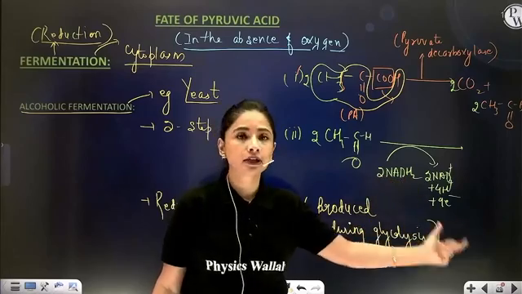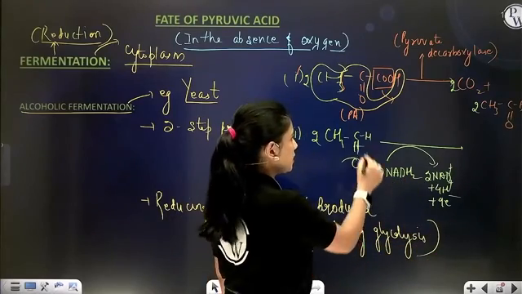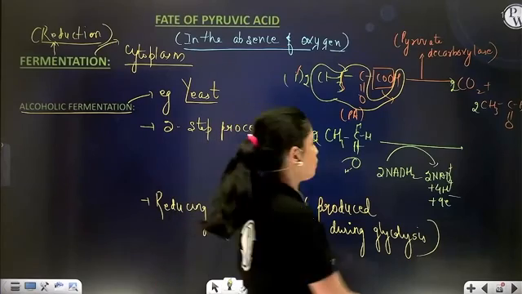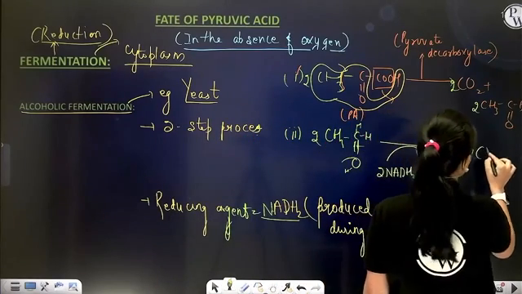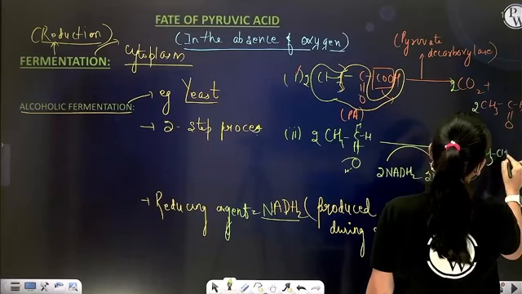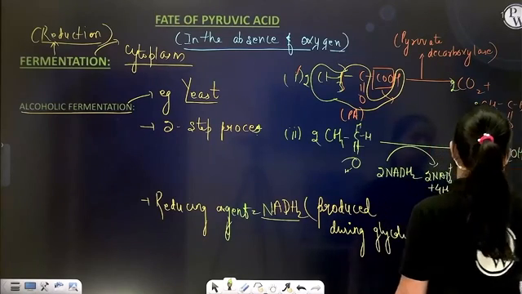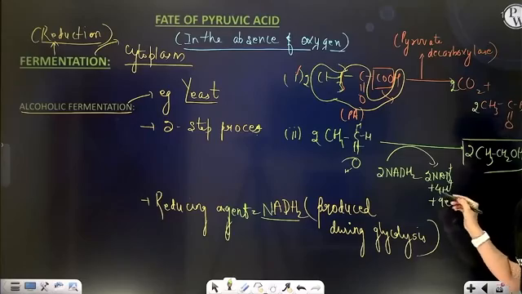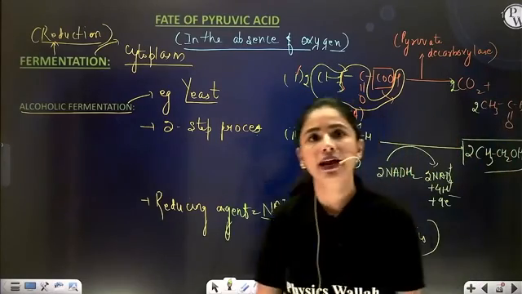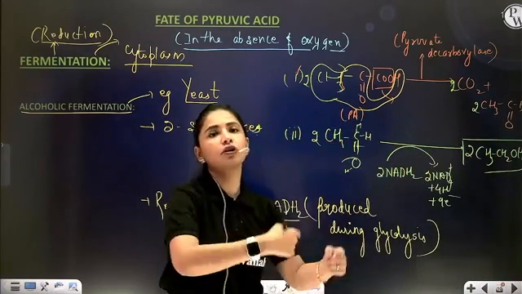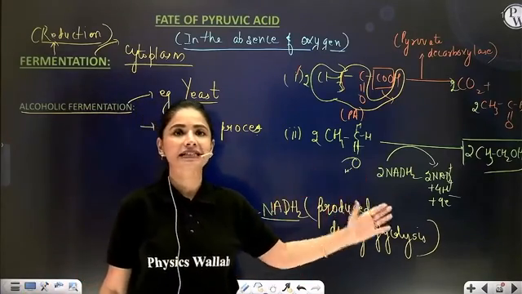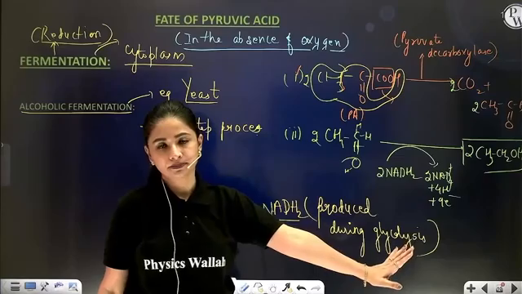The 2-carbon ethanol. See, this bond will break. One hydrogen over here, another hydrogen over here. So what will be produced? Two molecules of CH3CH2OH. And now this NAD which is produced is again ready to be utilized during glycolysis. So the cycle of NADH2 also continues if fermentation is taking place.